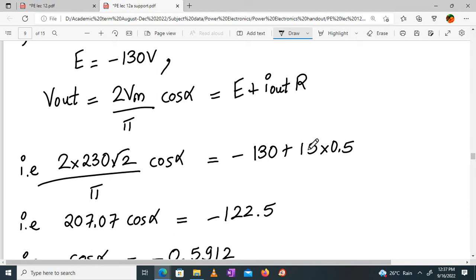It's a fundamental numerical. So when E is minus 130, recalculate alpha, which is the firing angle. The clue is it should be greater than 90 degrees. कितना आ रहा है?